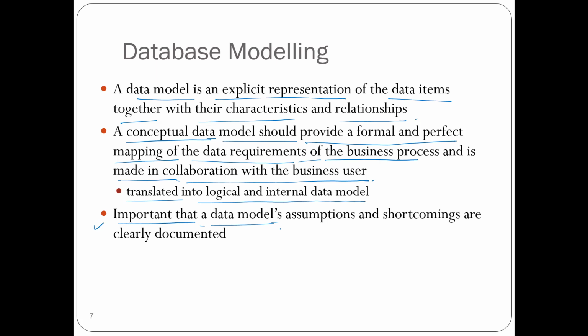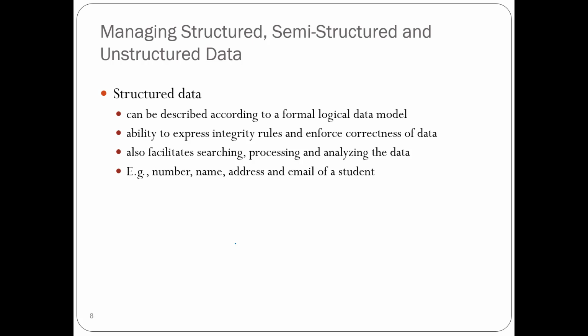It is not always possible to have everything included in the catalog, right? There is some information which we cannot provide in the catalog. Therefore, it is important that a data model's assumptions and shortcomings are clearly documented. Documented means something which is not going in the catalog. So it should be documented for later reference.